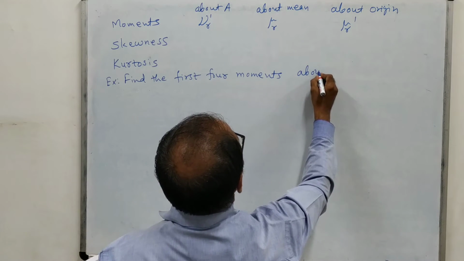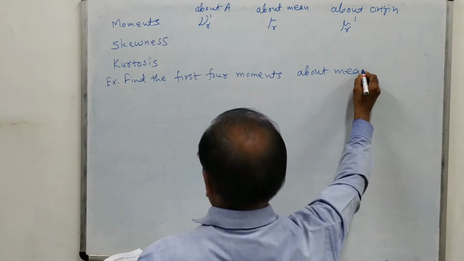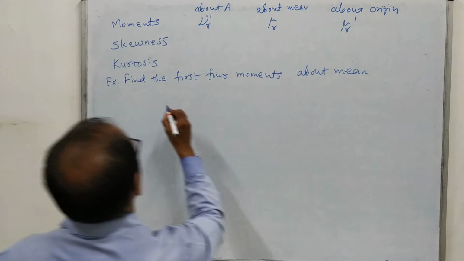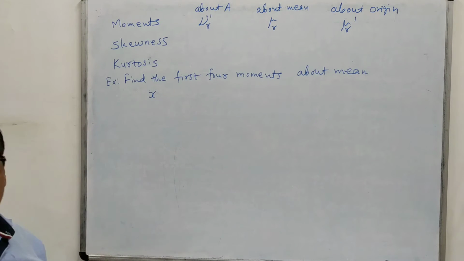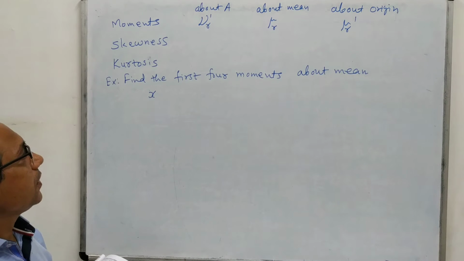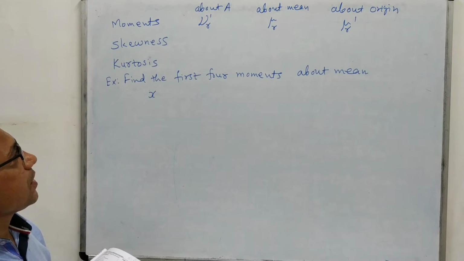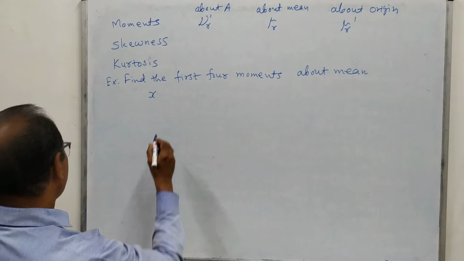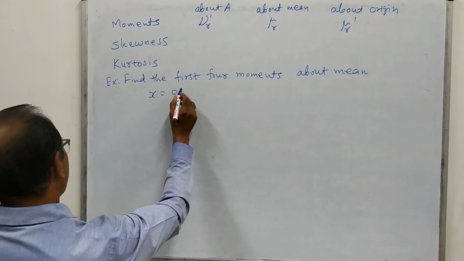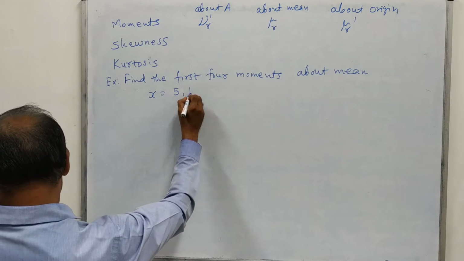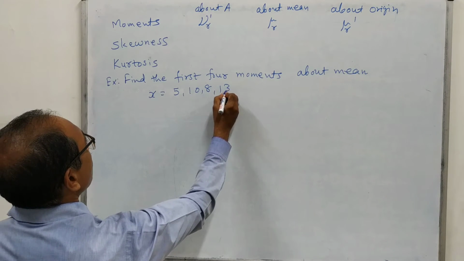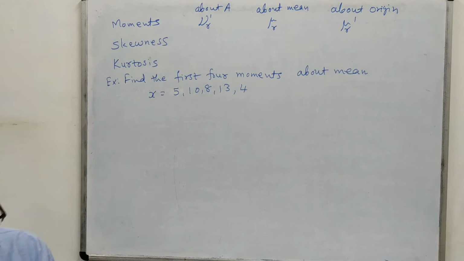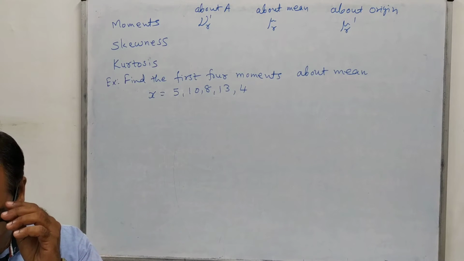So students, you must remember that one example always comes based on finding moments, skewness or kurtosis, and it is very simple. The data is given as 5, 10, 8, 13, 4. This is ungrouped data, and we want to find the moments about the mean.